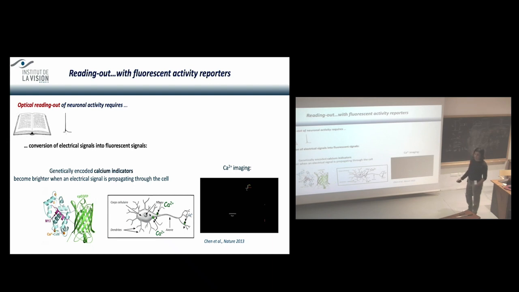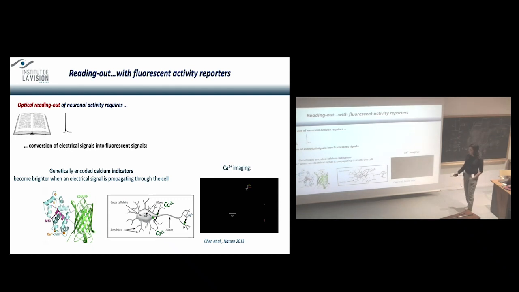These are fluorescent proteins that have been engineered to become brighter when they bind to a calcium ion. Something you should know, or probably you know already, is that each time you have an electrical signal propagating through a cell, this changes the membrane potential, and this opens, among others, some calcium selective channels, so that each time you have an electrical signal propagating through a neuron, you have a massive entrance of calcium in the interior of the cell.